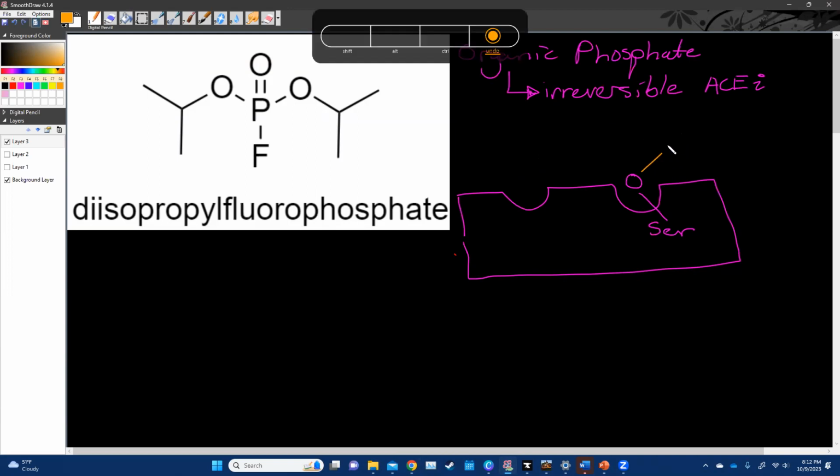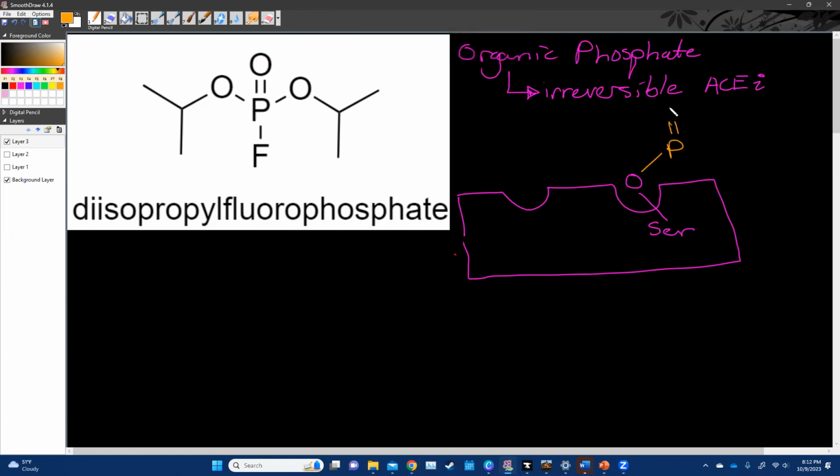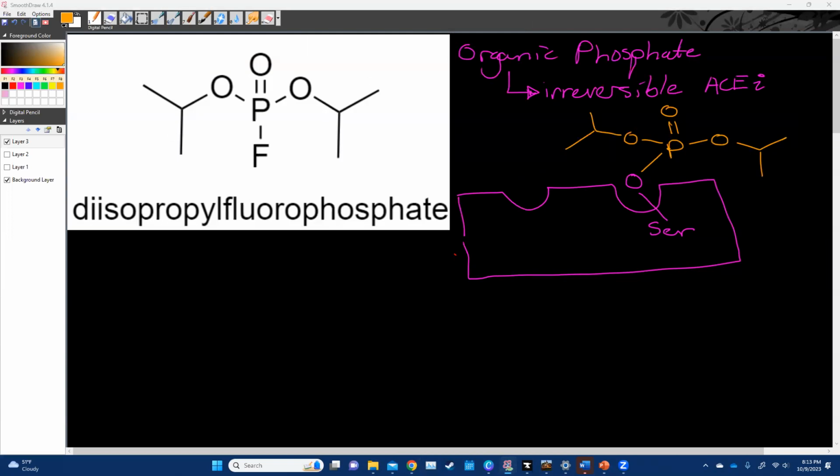So the fact that there's this organic phosphate group in the molecule means that we're going to end up having this really, really, really strong bond between the serine and the phosphate. And so we get this irreversible group.